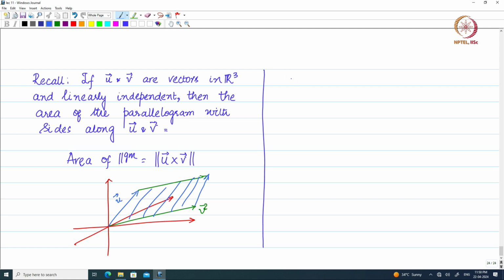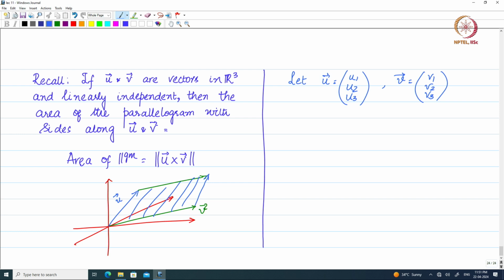Suppose the vector u is equal to u1, u2 and u3, and the vector v is equal to v1, v2, v3.